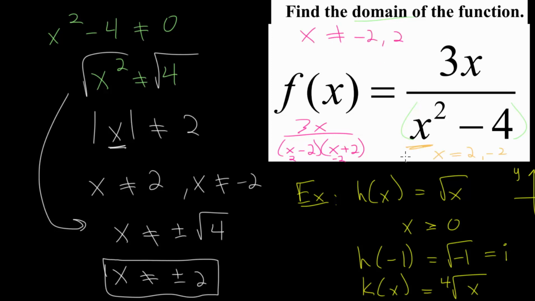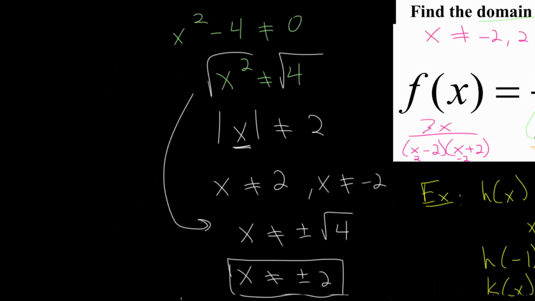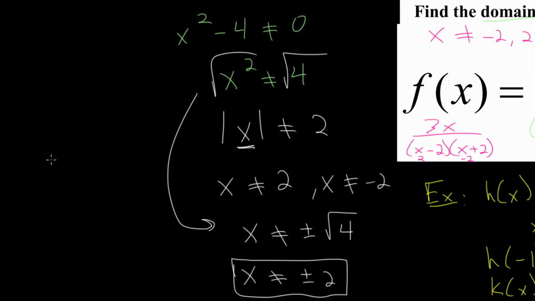And there are other ways to express domain, which I will mention very quickly. If we want, we can use interval notation. We can say that for our domain here, the x values start at negative infinity, go all the way to negative 2. We use parentheses to signify that negative 2 is not included.